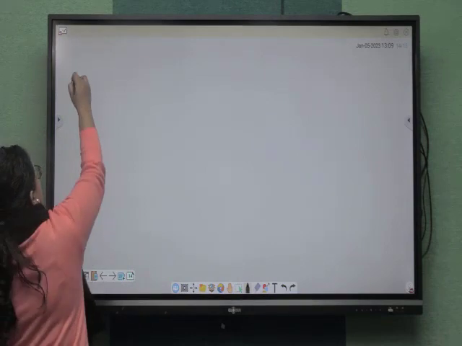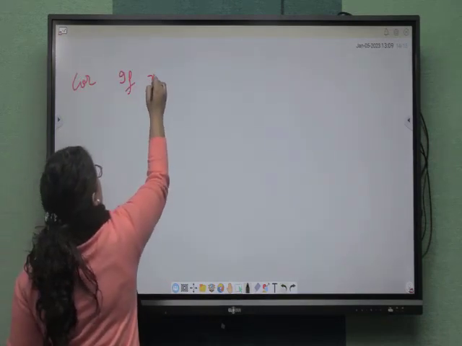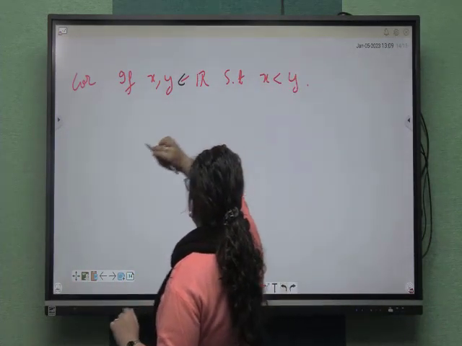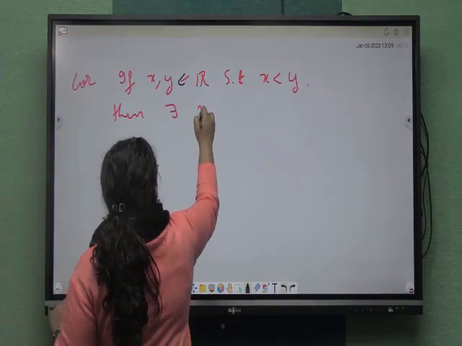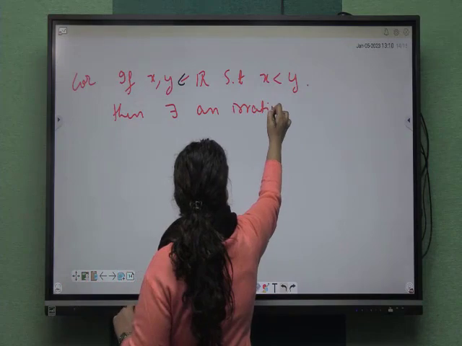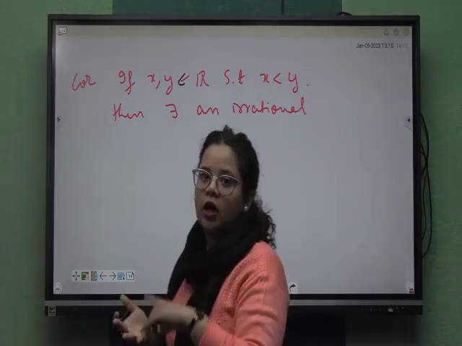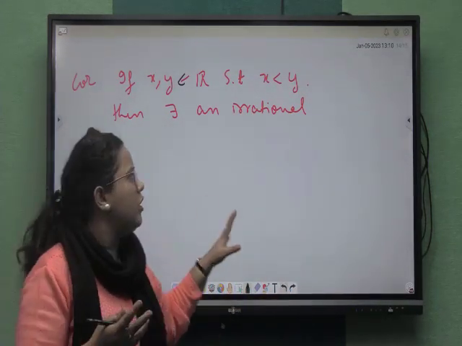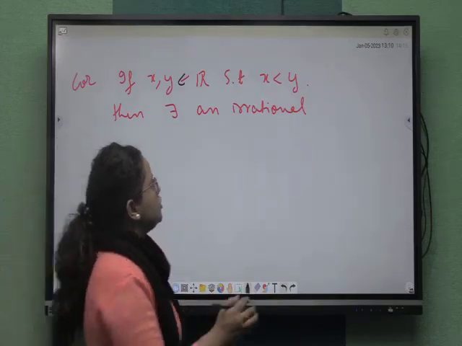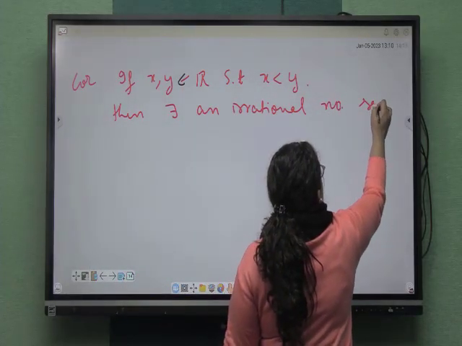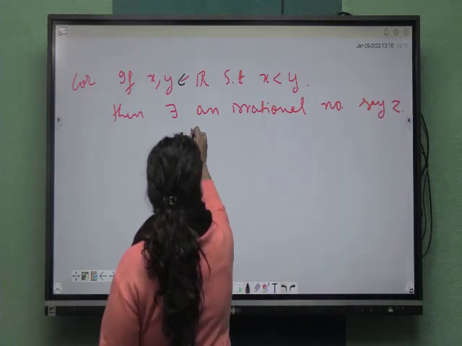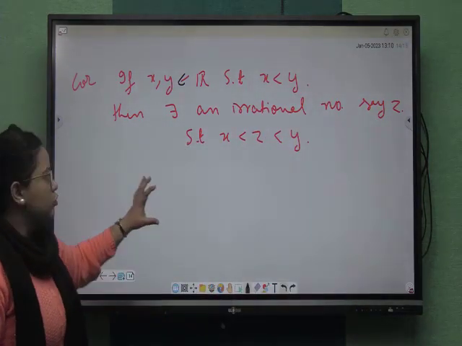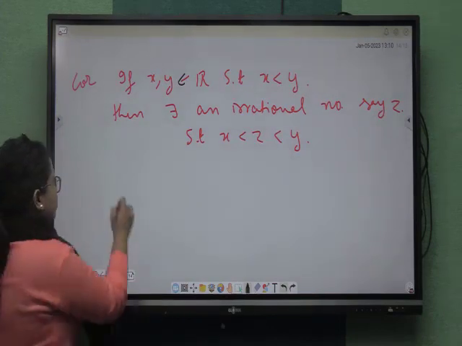Anyways, corollary: if x, y are two real numbers such that x is less than y, then there exists an irrational number, say z, such that x is less than z is less than y. We don't have a standard notation for irrational numbers. We have R, N, Q, but irrational we sometimes write I, though not the standard one. Okay, it is a two-line proof, because we are going to use the density theorem.